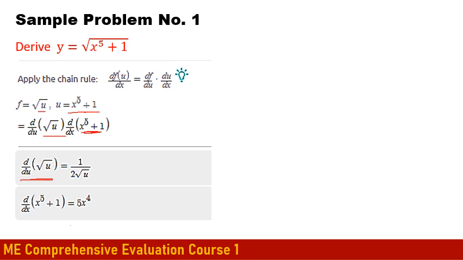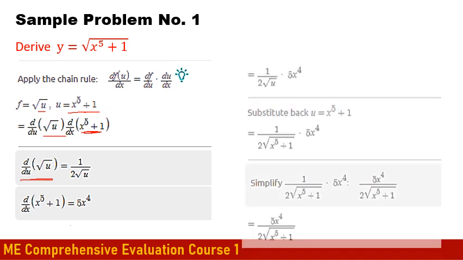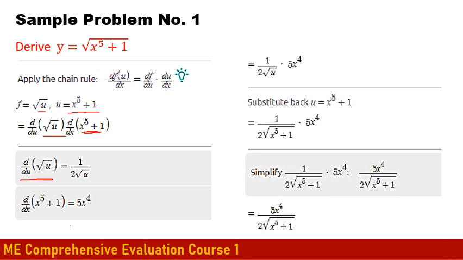Then, the derivative of x to the power of 5 plus 1 is simply 5x to the power of 4. So we will substitute this value in our equation. We multiply the two results that we have, and that's why we have this product here.